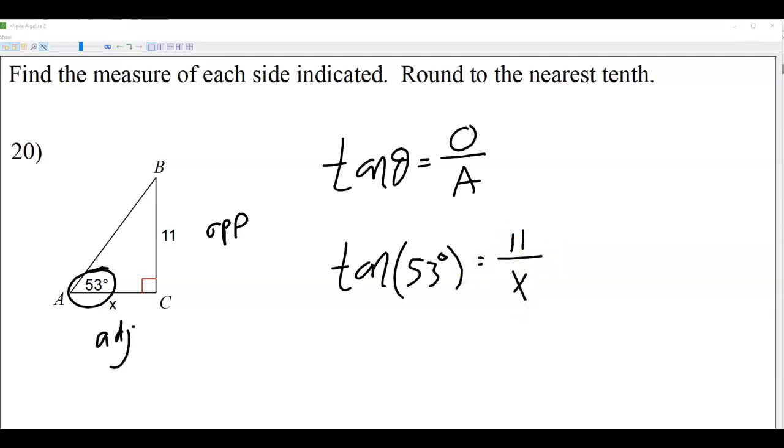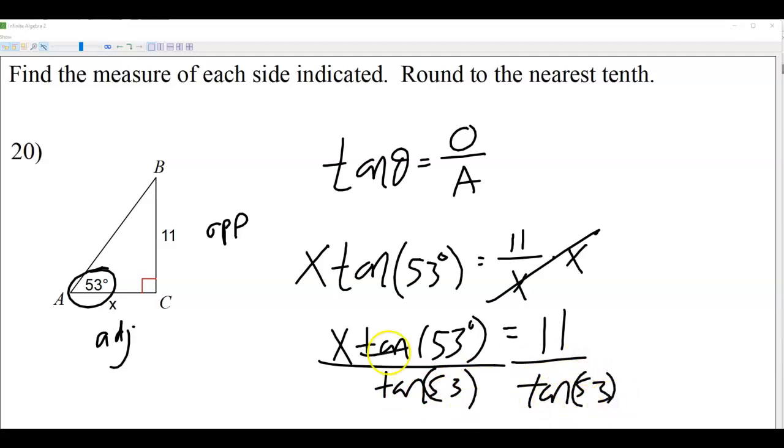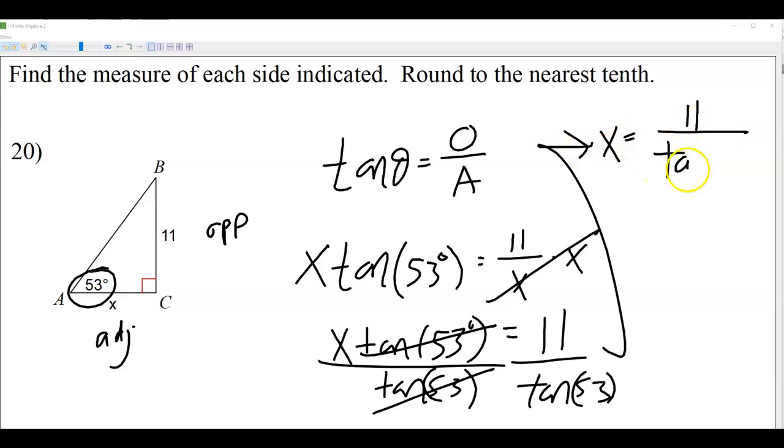So what we're going to do now is we're going to get that x by itself. So the first thing that we're going to do to get x by itself is we're going to multiply both sides by x. And then we're going to divide both sides by tangent of 53. And now I've got x by itself. x is going to be equal to 11 over tangent of 53 degrees.